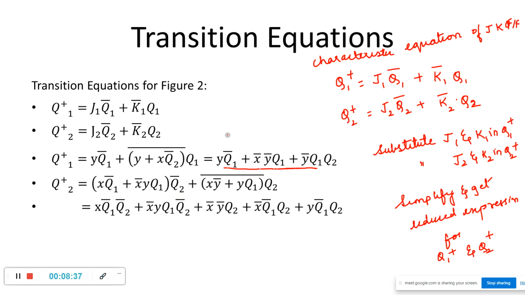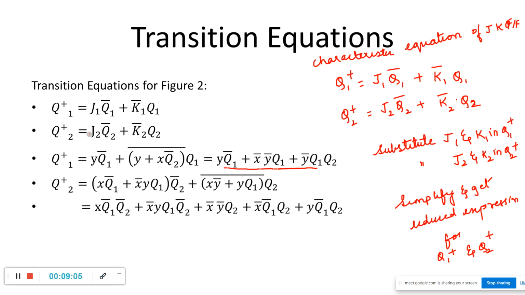What did you do in the first step? First step you wrote the excitation and output expressions. After writing that, next what did you do? You wrote the Q1 plus and Q2 plus characteristic equation. After writing the characteristic equation of the JK flip-flop, you substituted J1, K1, reduced it, simplified it and got the expression, this one.